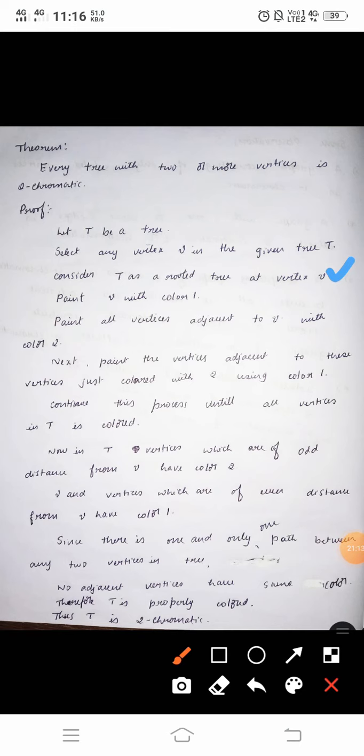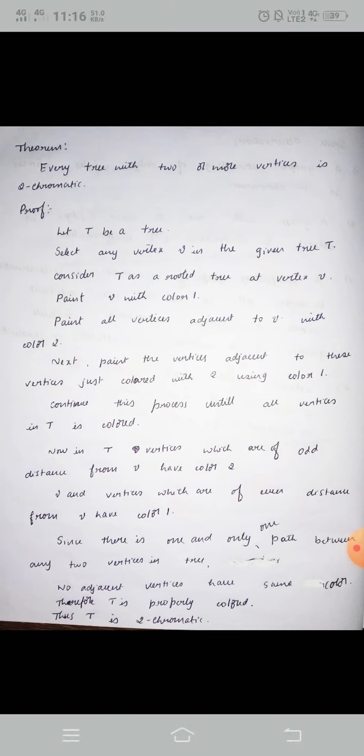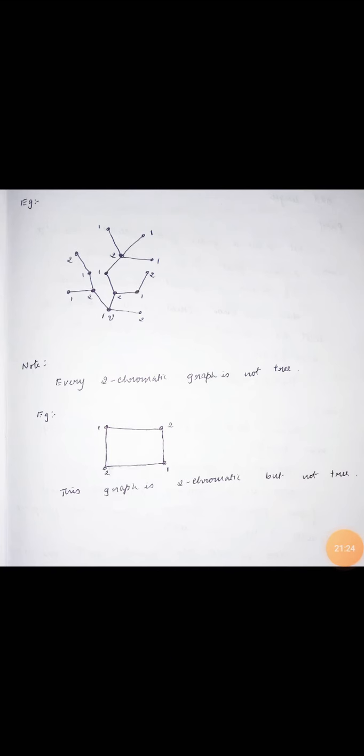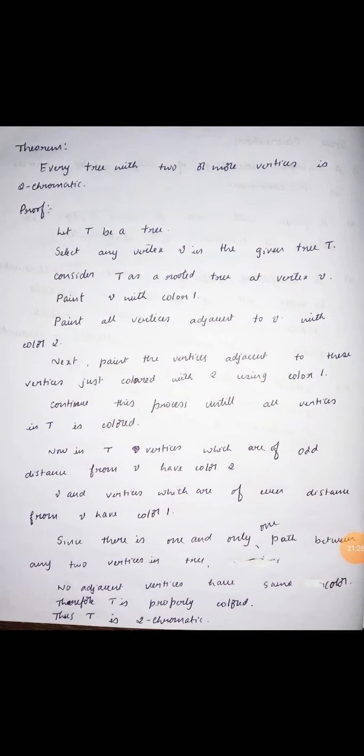Now paint V with color 1. We have to paint V with color 1. See here, I have painted V with color 1. Okay. Now paint all the vertices adjacent to V with color 2.